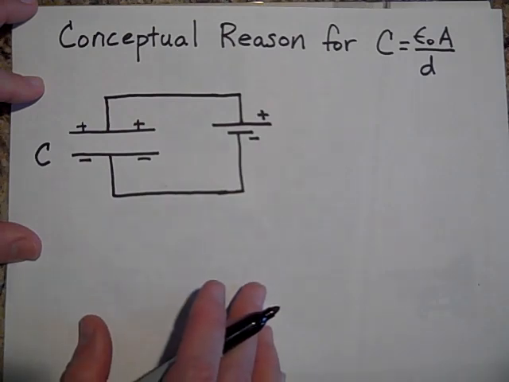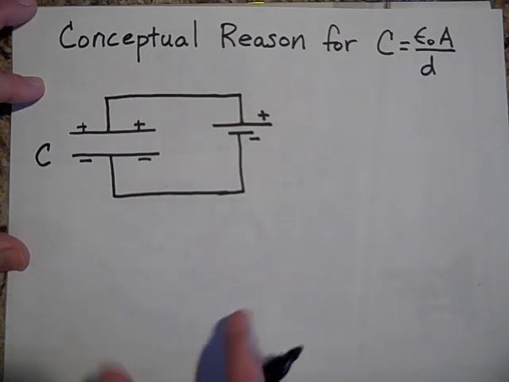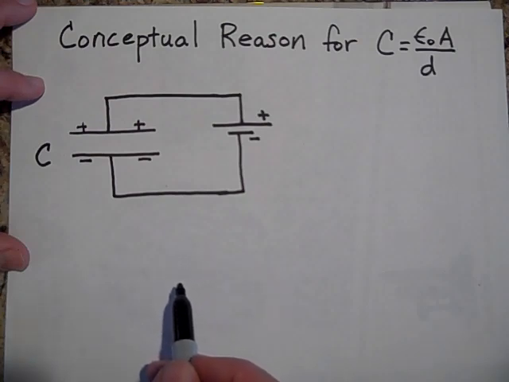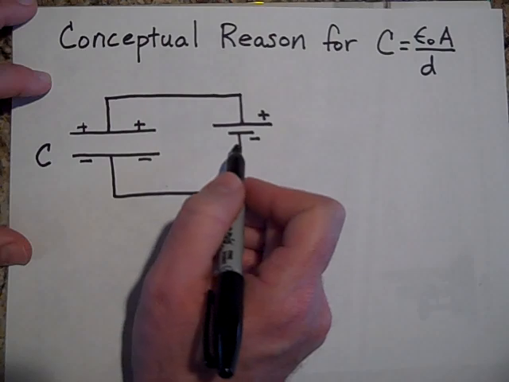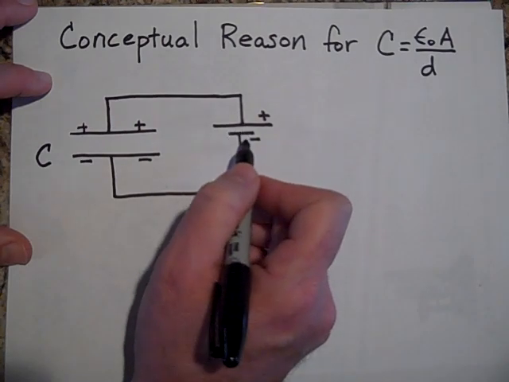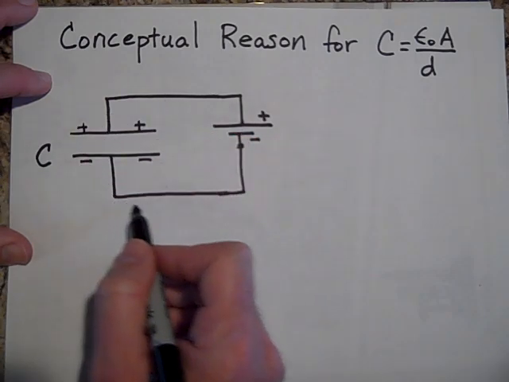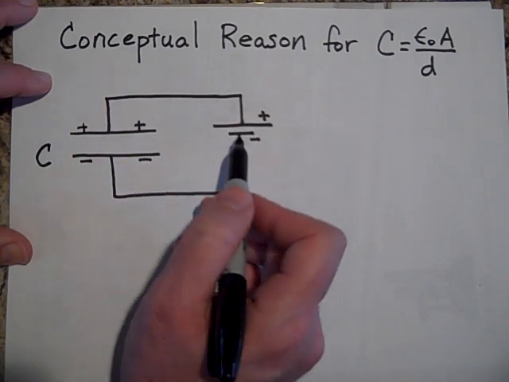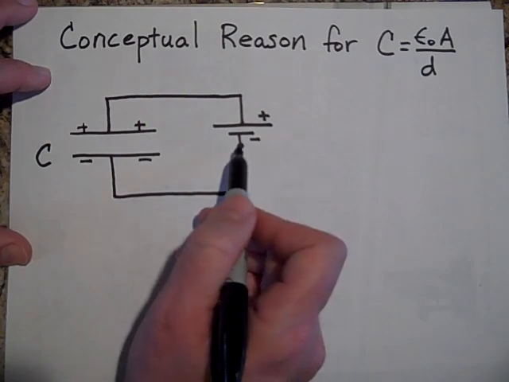There's a rule that I'm not sure if you learned last year, called Kirchhoff's loop rule, that says if you start at any point in a circuit, it doesn't matter where you start, and go around the circuit, it doesn't matter which way, you have to gain as much voltage as you lose.